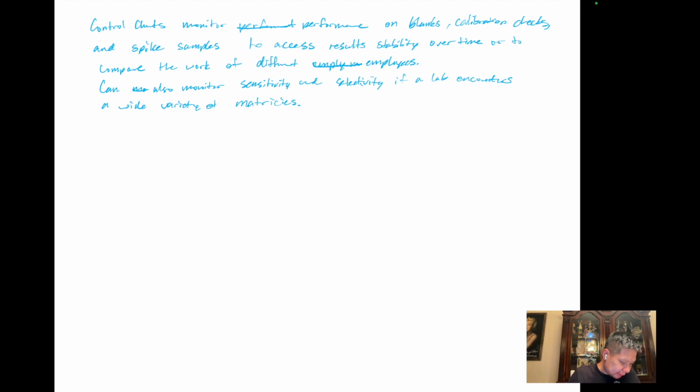So I would like to just state a couple more definitions, and we can go ahead and end this lecture, and you'll have a quiz on this information posted soon, right? So the next phrase or term important here is method validation.